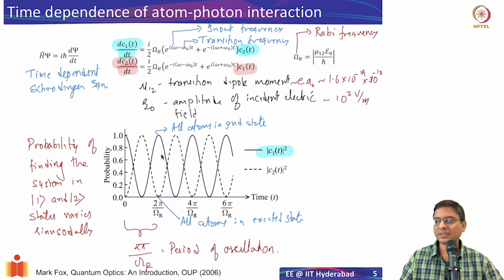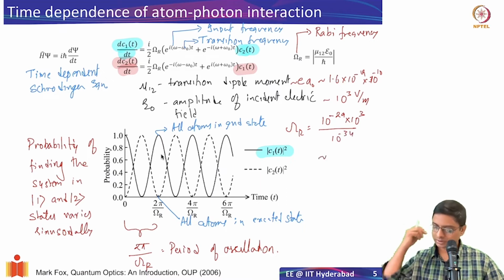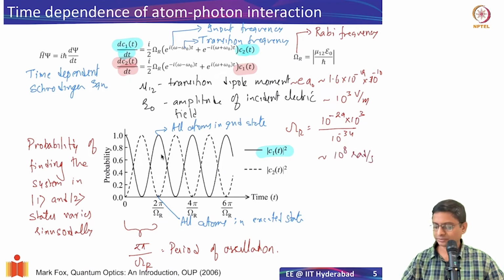So what will be my Rabi frequency? My Rabi frequency will be simply omega r equal to 10 power minus 29 into 10 power 3, divided by h bar, which is roughly 10 power minus 34. So 5 plus 3, 8. So 10 power 8 radians per second.